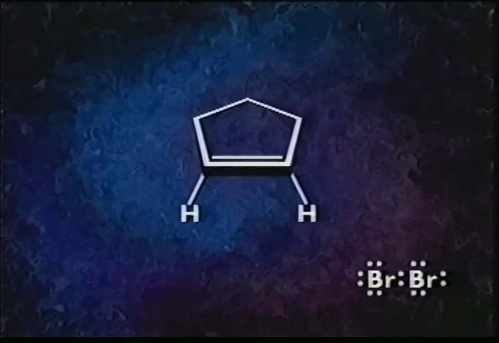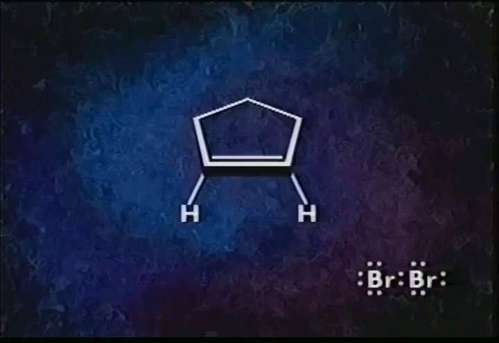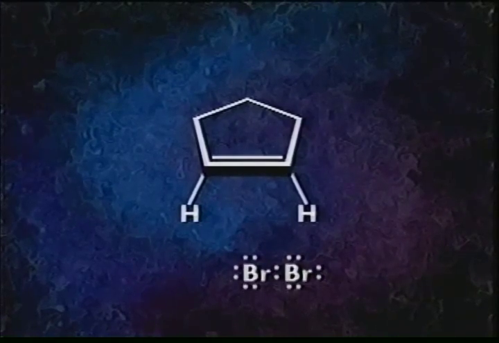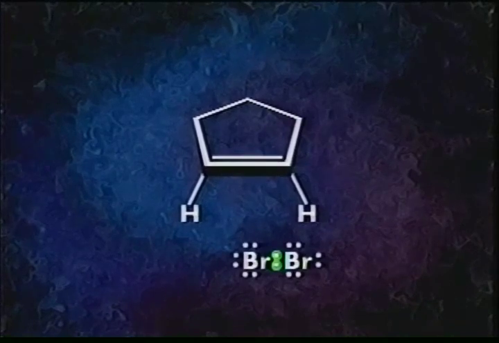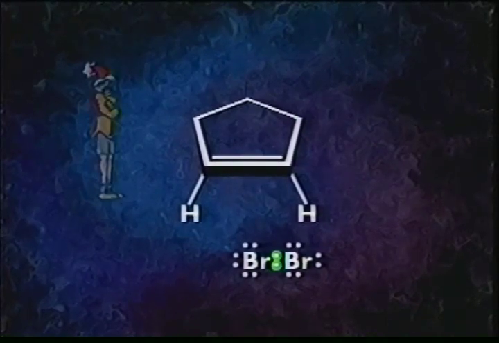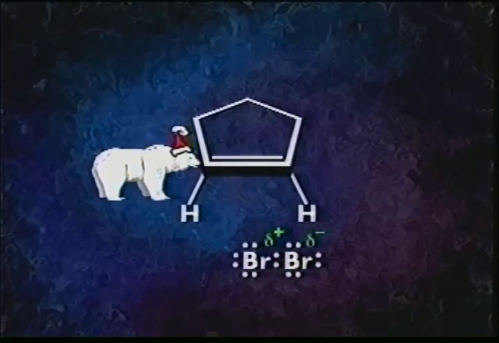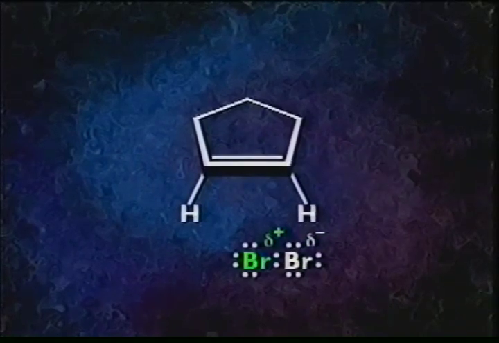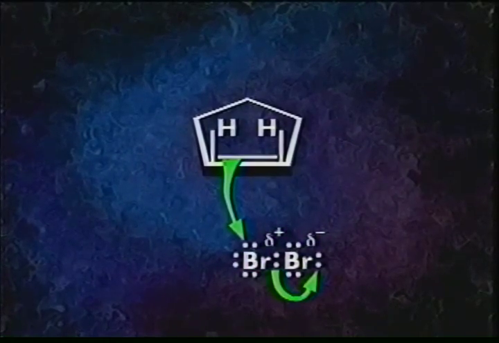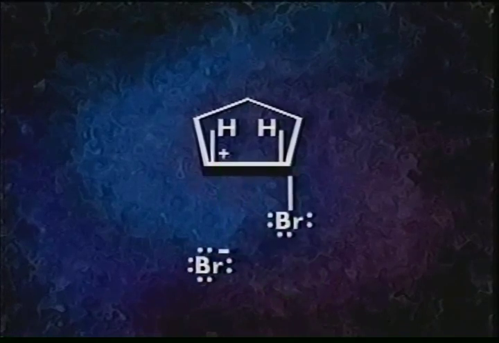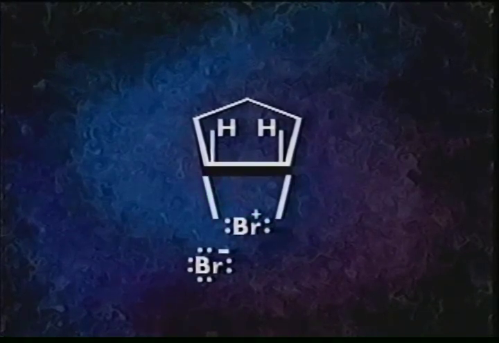Then, like we said, as the Br2 molecule approaches the double bond in the cyclopentene, the bond between the two bromine atoms becomes polarized. As the partially positive bromine atom bonds to the cyclopentene, it forms a covalent bond with carbon 1. At the exact same time, bromine simultaneously forms a second covalent bond with carbon 2.